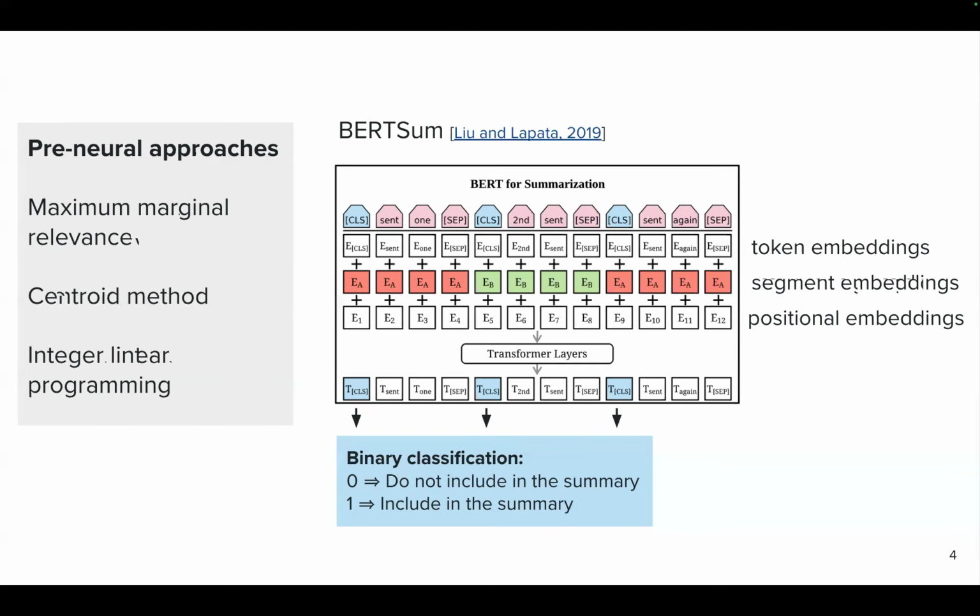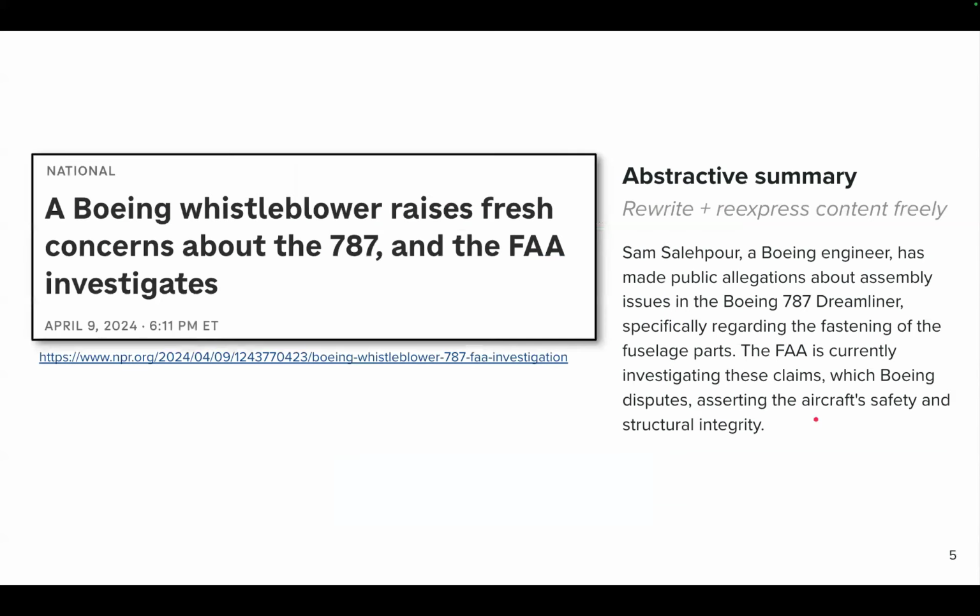Okay, no worries. So yeah, I was saying that in front of each sentence in a document, we had a special CLS token, which we used to make a binary decision of whether to include that sentence in a summary or not. However, I have also mentioned that we have this other way of summarizing or presenting summary to people, and that's by allowing rewriting and re-expressing the content freely.